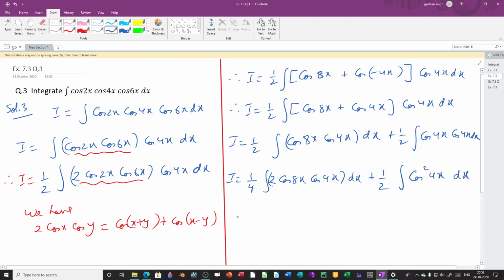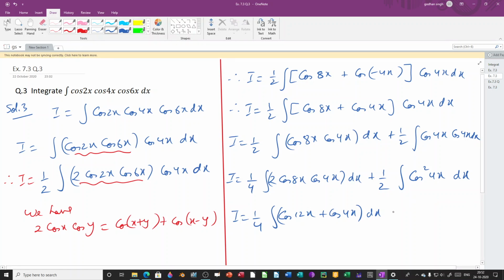So I equal to 1 by 4 integration of, applying the formula of 2 cos x into cos y, that is cos of x plus y, that is 8x plus 4x, cos 12x, plus the difference of 8x and 4x, that is cos 4x, dx. And already in question number 1 we have seen that whenever the function is of the type cos square or sin square, we have to convert that in terms of cos 2x.